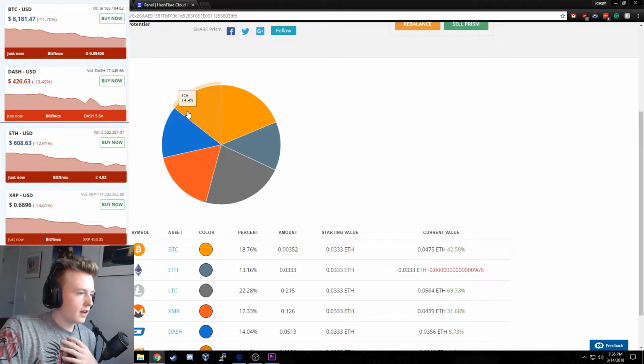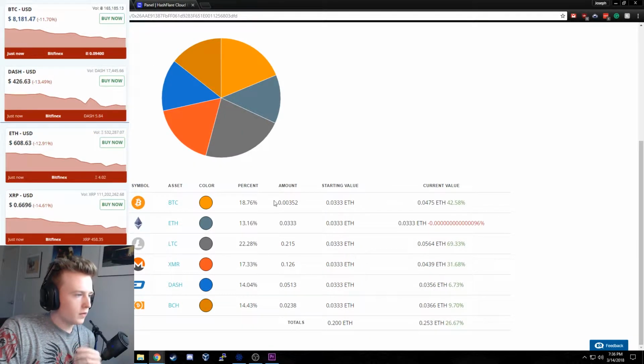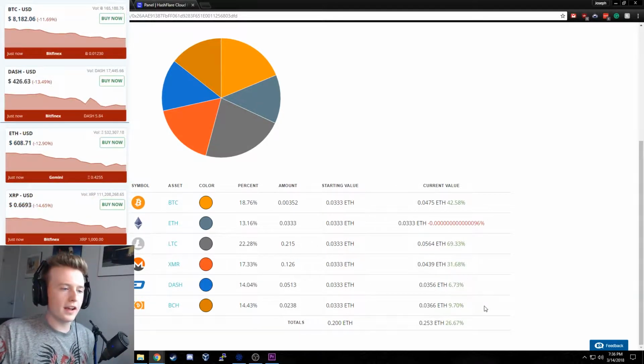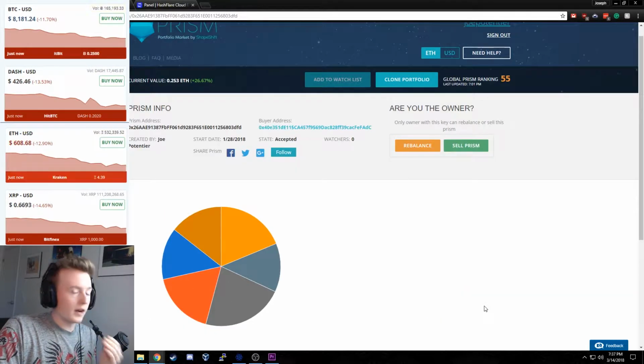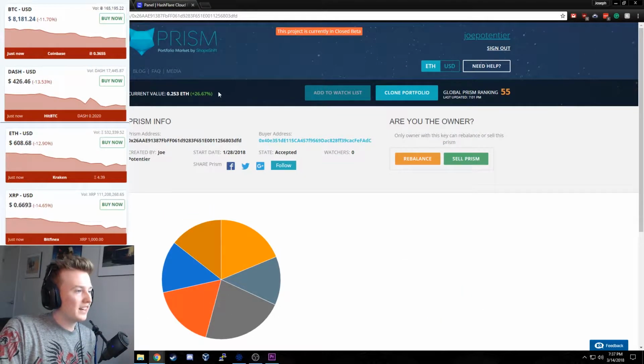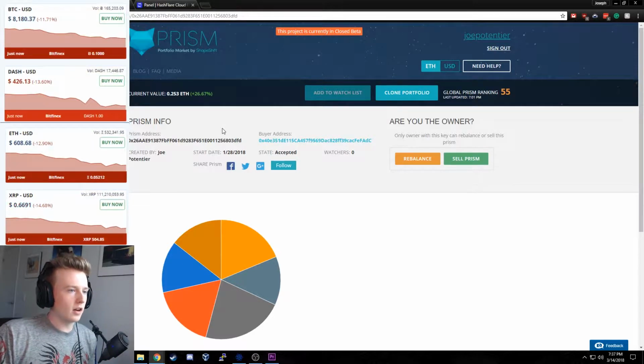Now what this means is that our portfolio, the value of the coins which this distributed portfolio is based on, has increased enough that we have now completely paid off all of the fees that it had cost to set up. Now I only invested a small amount, so we needed a very large return on our investment to just pay back the fees that it cost to set up.